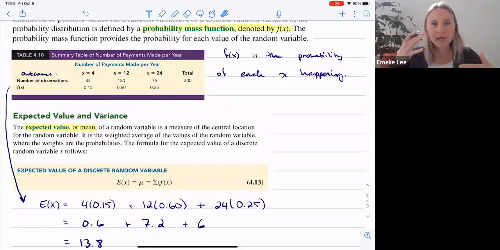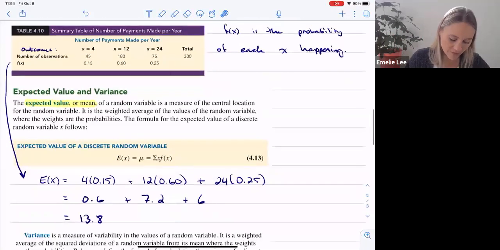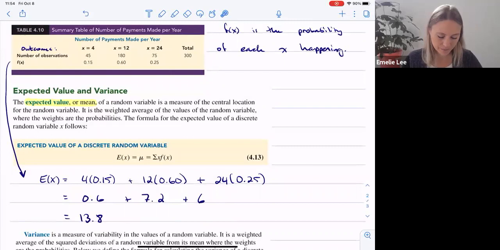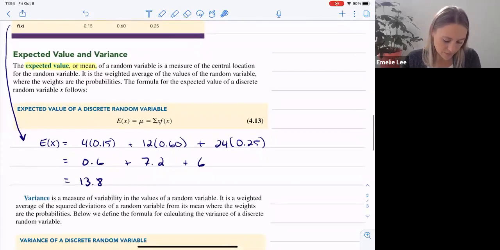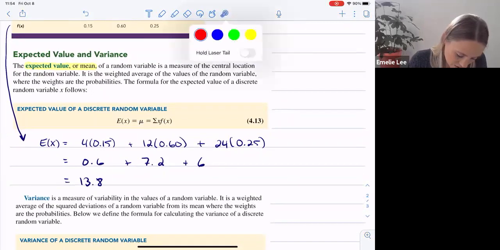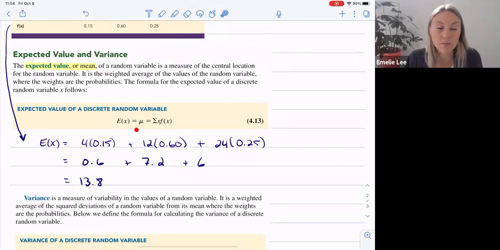But in the grand scheme of things, over many results, I would expect the average number of payments per year to be 13.8, even though that's not one of the outcomes. So that can be tricky. That's how you find the expected value, and the expected value is just the mean. Okay, so that's the mean of x.